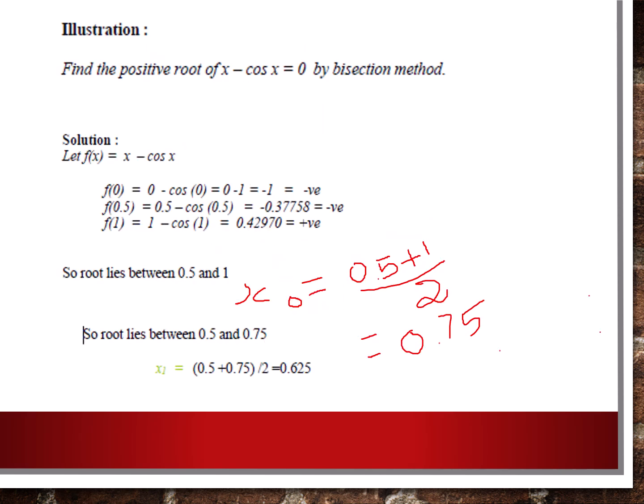Now the next problem. The root lies between 0.5 and 1. Therefore, x naught equal to 0.5 plus 1 divided by 2 equal to 0.75. So that the root lies between 0.5 and 0.75, x1 equal to 0.5 plus 0.75 divided by 2. Therefore, 0.625.